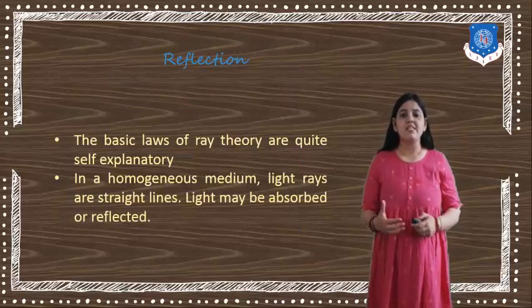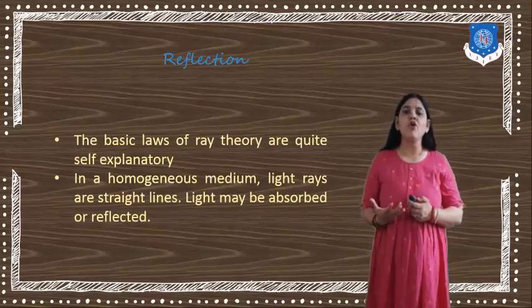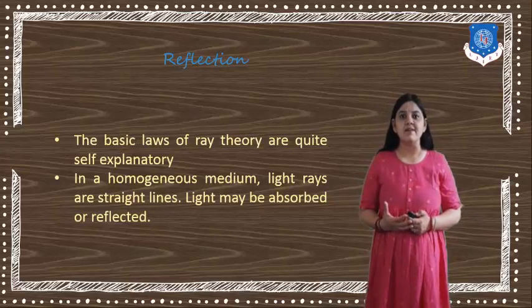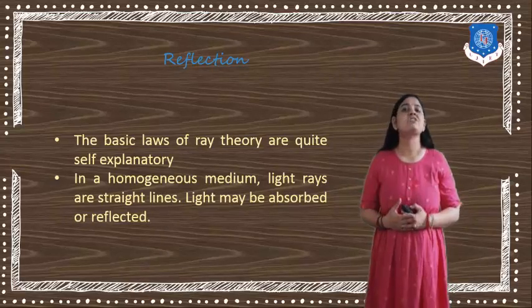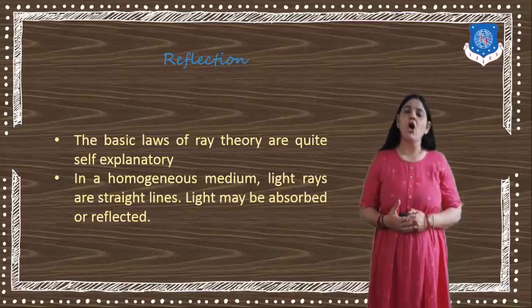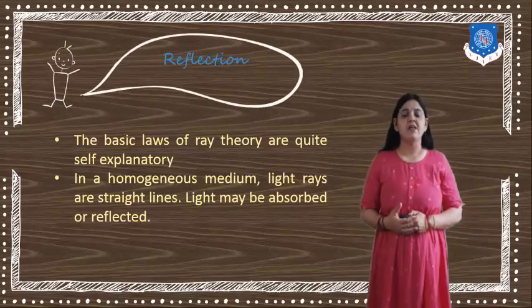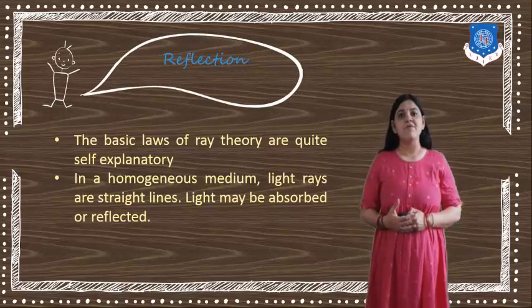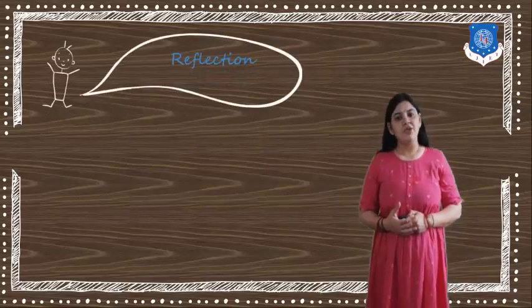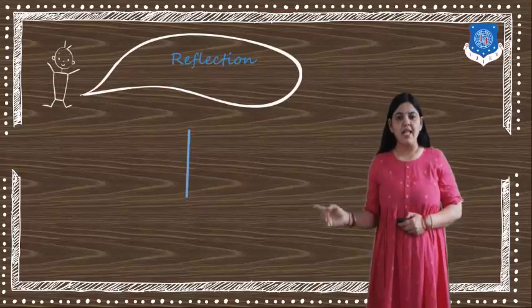So what is it basically? Whenever a homogeneous medium is there, light rays travel in a straight line and light may be absorbed or reflected. This particular thing is referred to as reflection. Now here you can see the normal axis.